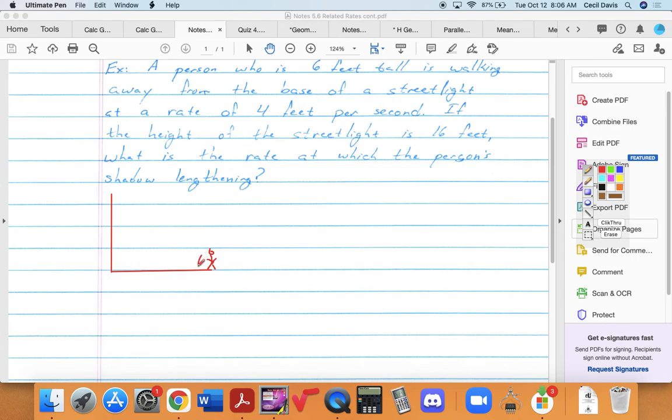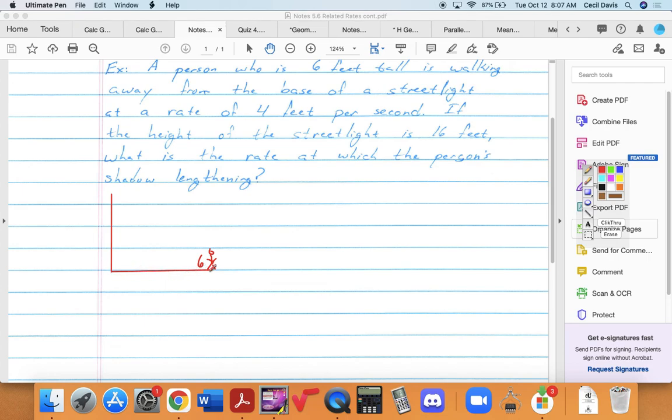And since that's 6 all of the time, I'm going to go ahead and put that number on my diagram. Okay, anything that is constant, you can put on the diagram. Anything that's not, leave it a variable. Okay? And he's walking away from the street light at a rate of 4 feet per second.